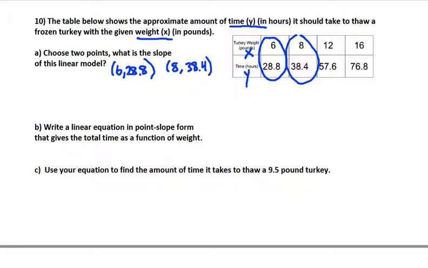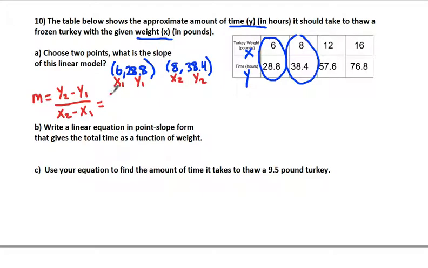And now I'm going to find the slope. So I like to label x1, y1, x2, y2, and we're going to find the slope. So our formula is y2 minus y1 over x2 minus x1, and let's plug stuff in.